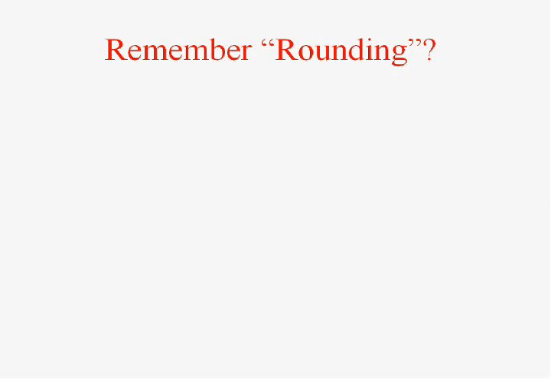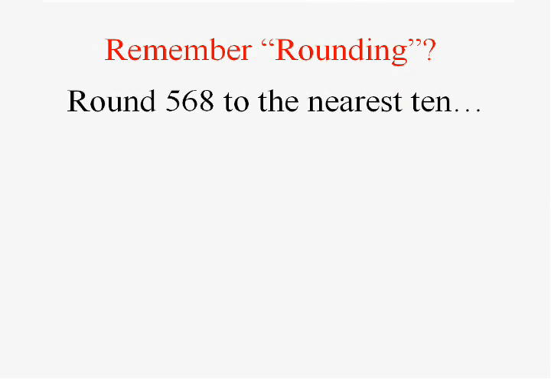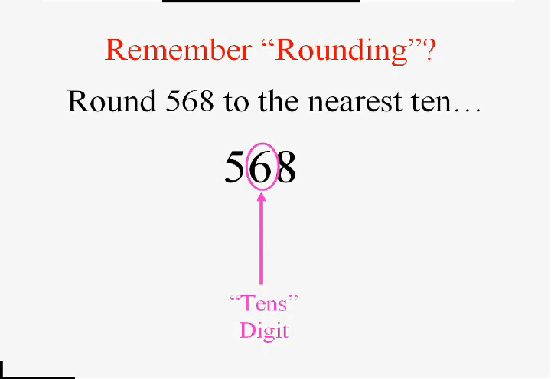remember how to round? Let's round, for instance, just this whole number, 568, to the nearest 10. Now, to the nearest 10, we're going to have to find the 10 spot. There it is. That means everything after that is going to be a 0.